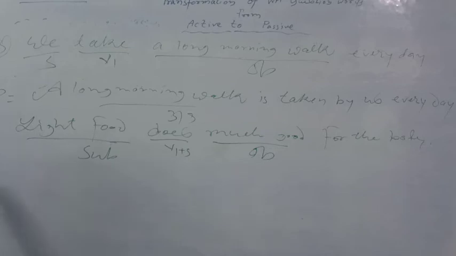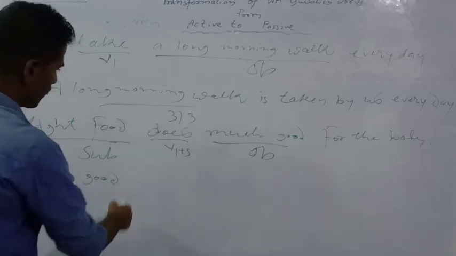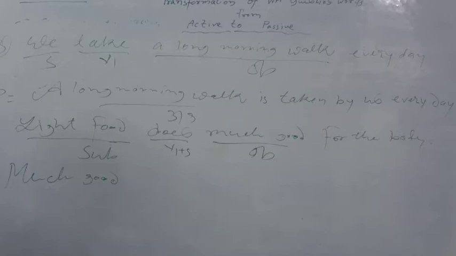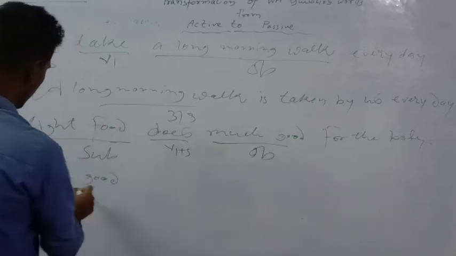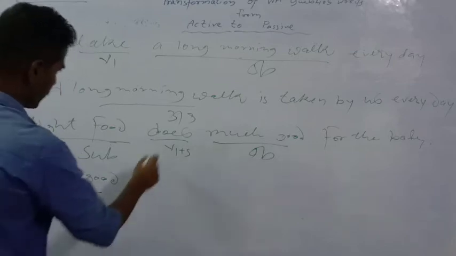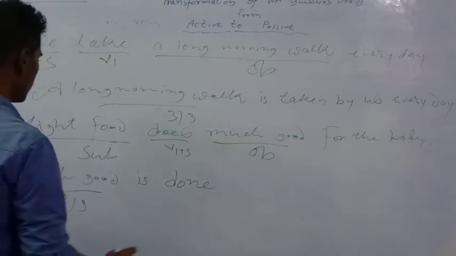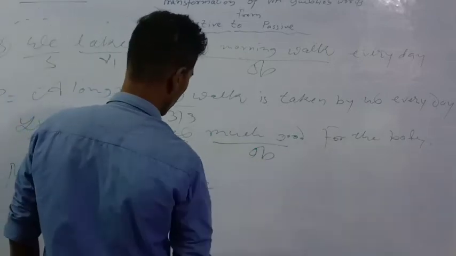So passive will be: much good. Does is present tense, so B verb will be present tense: am, is, are. Much good is third person singular number, so V3 of do, done.